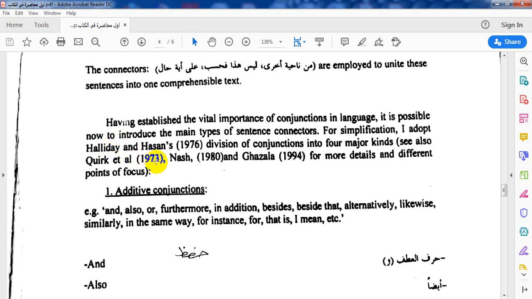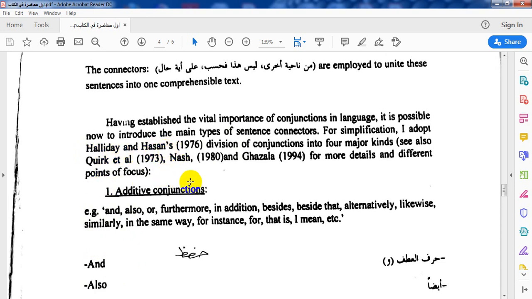Its name is Cohesion in English. In addition to other authors, this classification is based on those authors, and mainly Halliday and Hasan.